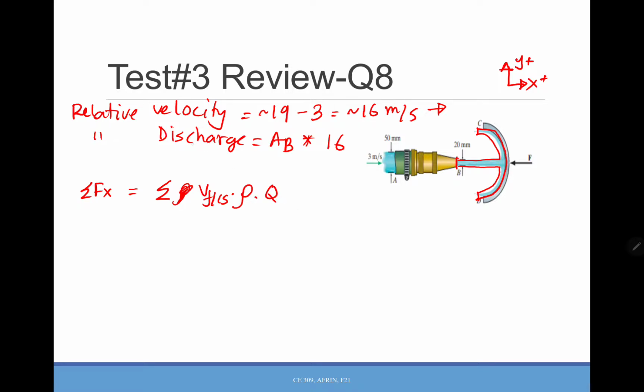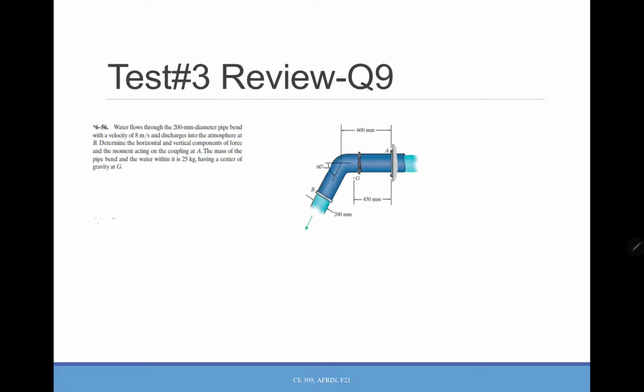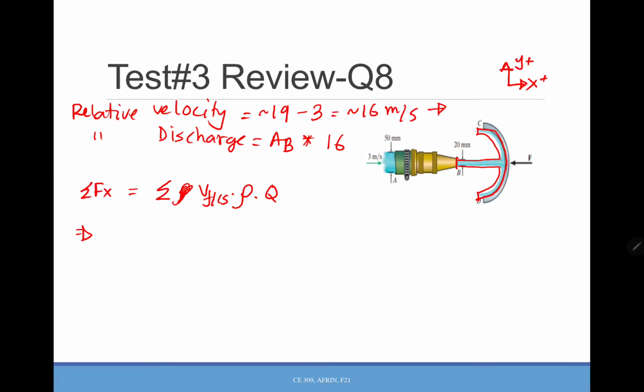That's the Q I was talking about, that you need to calculate the relative Q here. Okay, so for Fx, we said that we will always use the free body diagram, and for this part, we will use the control volume diagram. So for the free body diagram, if you look at this picture, you have only the negative F, nothing else.